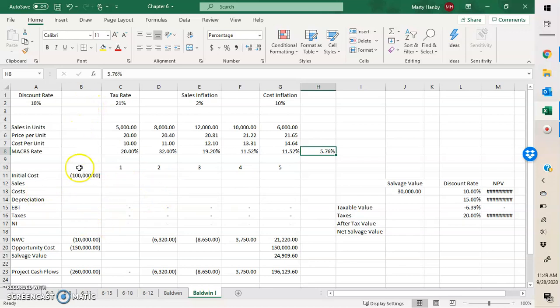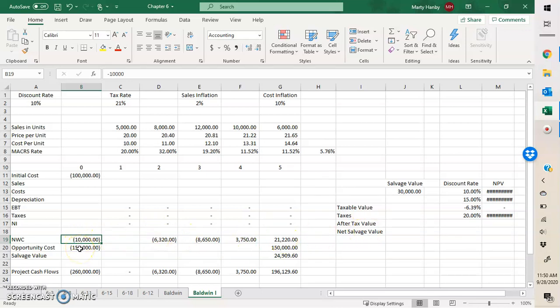And then they give us an initial cost. Let's go across the top here. The discount rate's 10% and the tax rate's 21%. Initial cost is $100,000. Increase in net working capital is $10,000, plus it's also variable. They actually just give you these net working capital numbers. The increases in net working capital are outflows, and the decreases in net working capital are inflows, and that's what this is showing right here.